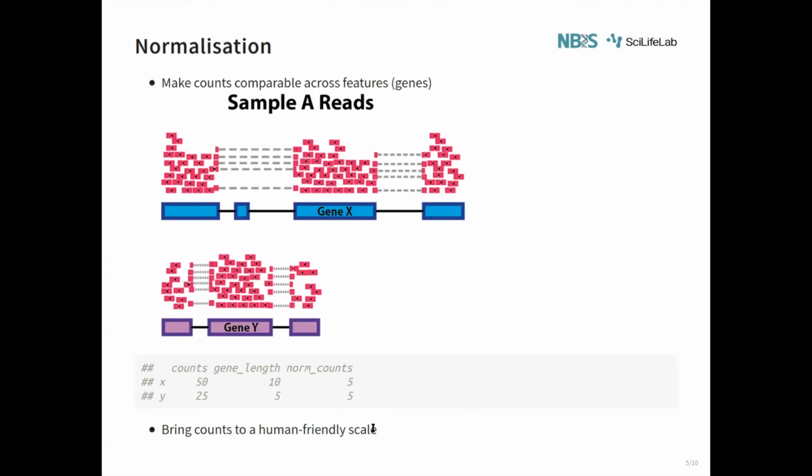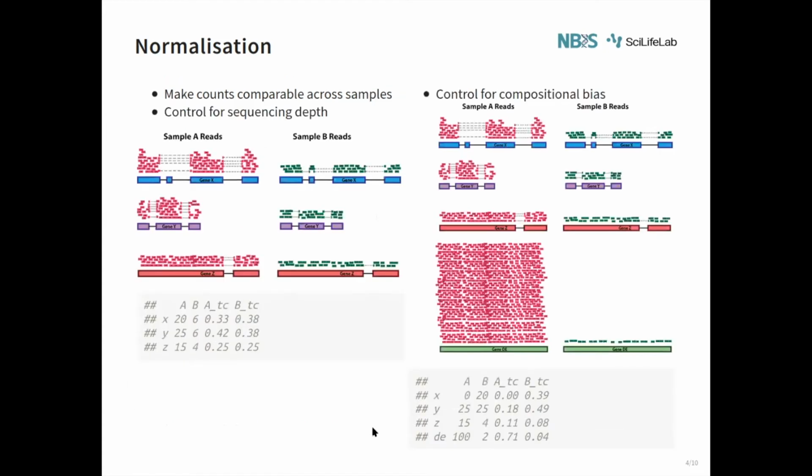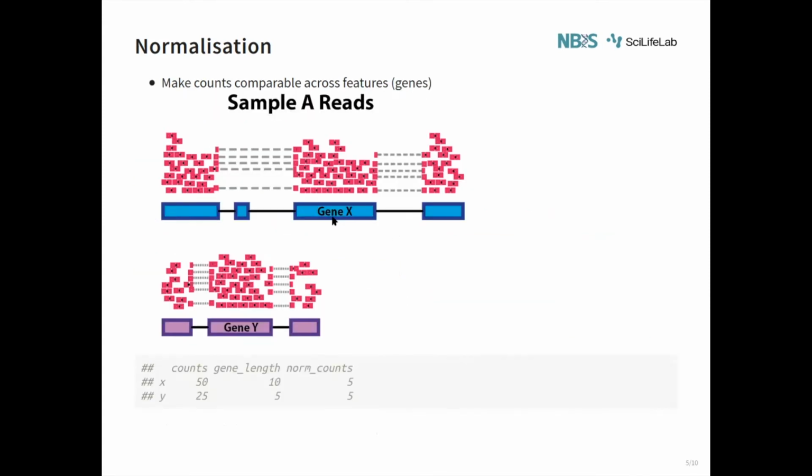So these are generally the 4 points that we try to control for with normalization. It's not one or the other. It could be controlling for all of these things or some of these things.